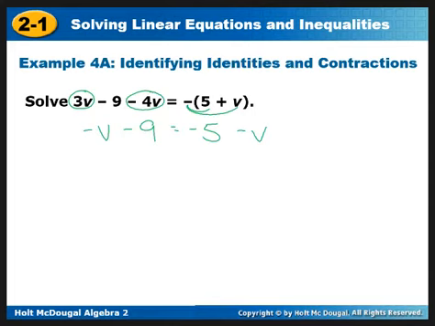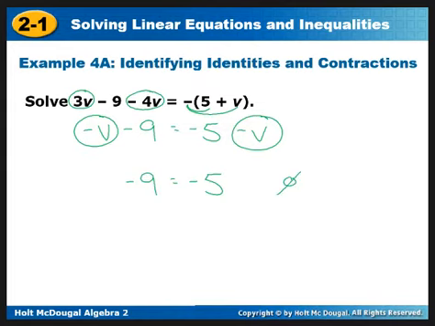If I have negative v on this side and negative v on this side, if I have the same exact thing on opposite sides, essentially they cancel each other out. So I will be left with negative 9 equals negative 5. Well, obviously negative 9 does not equal negative 5, so you would have no solution. You can write no solution if you want, and this would be referred to as a contradiction.